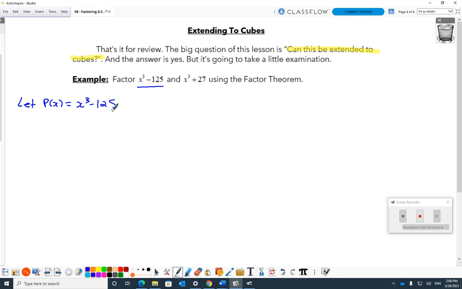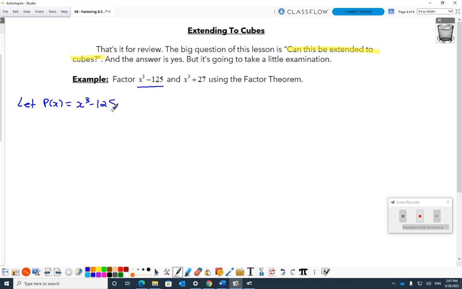But if I didn't know what was going to work, I wouldn't just sub in random numbers. The numbers you sub in have to divide into 125. That is, I don't have to worry about 2, 3, 4. None of those divide into 125. So take that random number out of the description when you're talking about factoring and say certain numbers. I'm going to sub in certain numbers. I'm going to use my brain about what numbers to use.